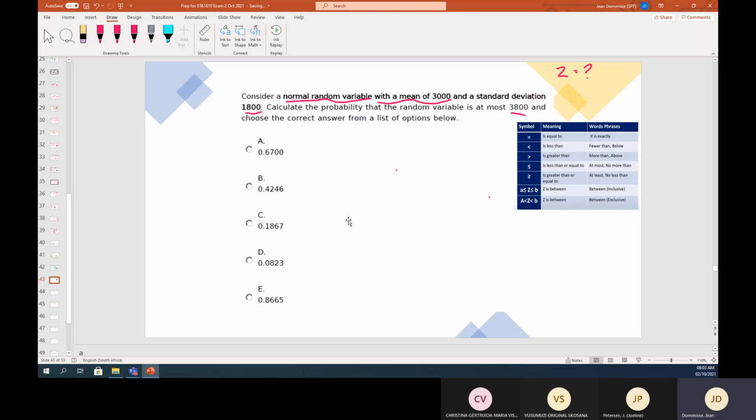Basically, they tell us we need to calculate the Z. And with this part there's still no sample, so it is still the normal sampling distribution that we are looking at, and they tell us to calculate the probability at most. So let's look at the "at most".